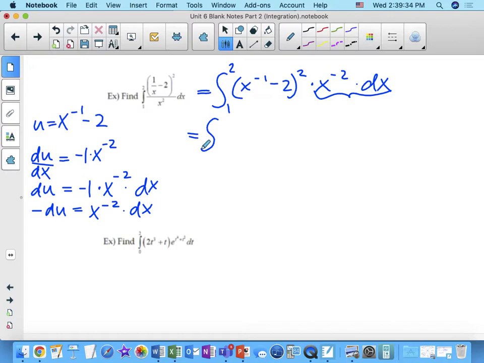They don't apply to u. If u equals x to the negative 1 minus 2, then if we wanted to put limits here, we would actually have to figure out what those would be for u. So I would leave those off for now, and then once we substitute back, we could put them back in. So this is u squared times, we're subbing that for negative du.